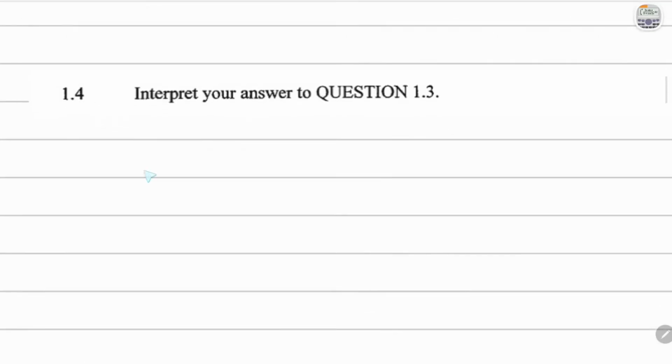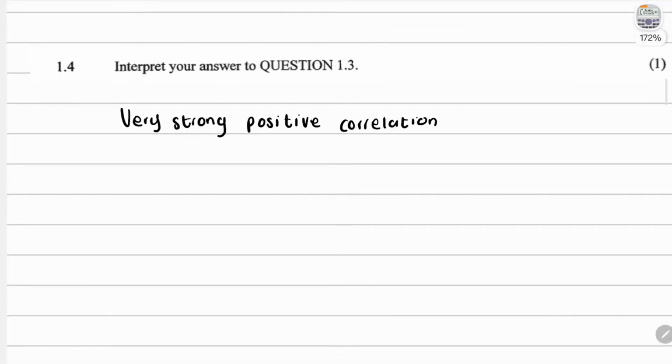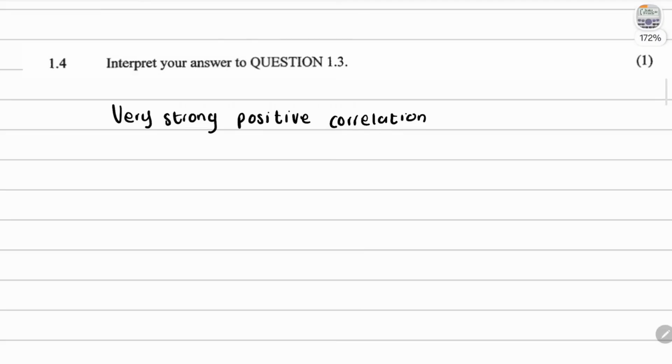So when we are commenting on this, we're going to call this a very strong positive correlation. Okay, so this is just speaking about the relationship between the two variables we have. Okay, so you always say the strength and then the direction. I will go ahead and leave a correlation coefficient scale, so you can use that as a reference.